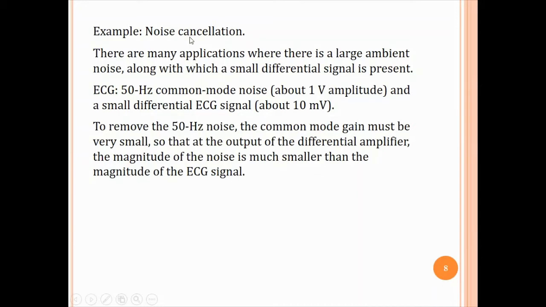In a simple electrocardiogram, ECG, and actually ECG has 8 electrodes, but let us think of only 2 electrodes. We put the 2 electrodes on the chest at different parts of the chest, and the ECG signal will be picked up by these electrodes and sent to an amplifier to amplify, and the difference will be amplified.